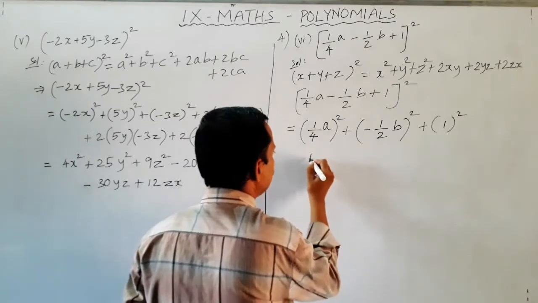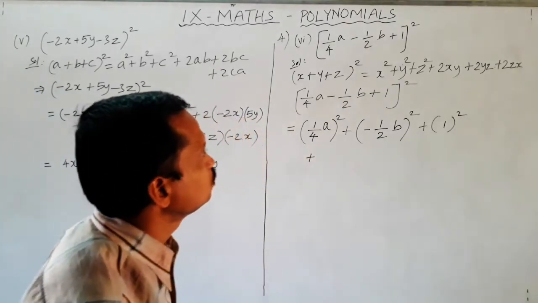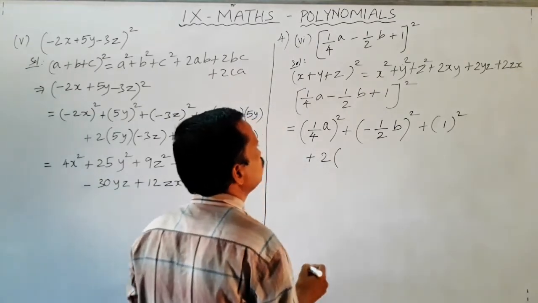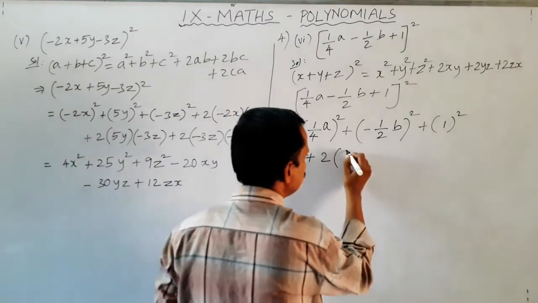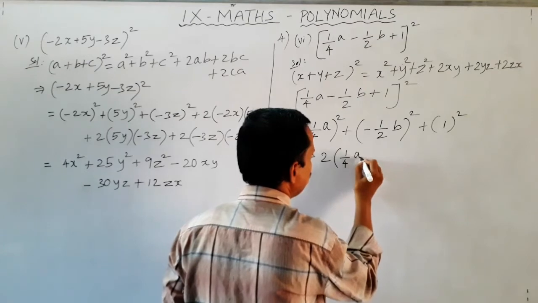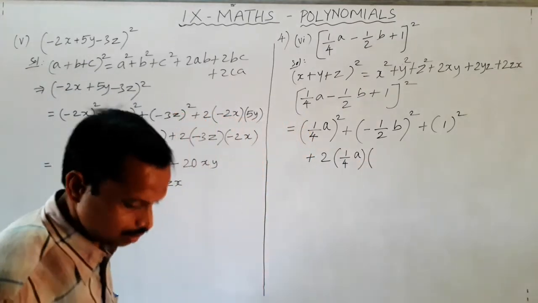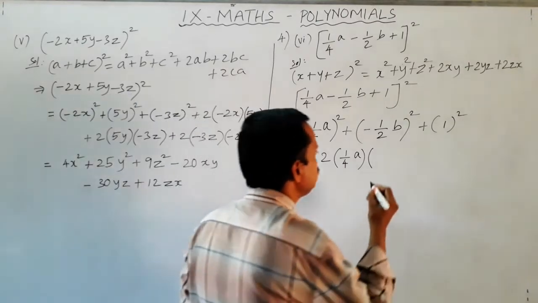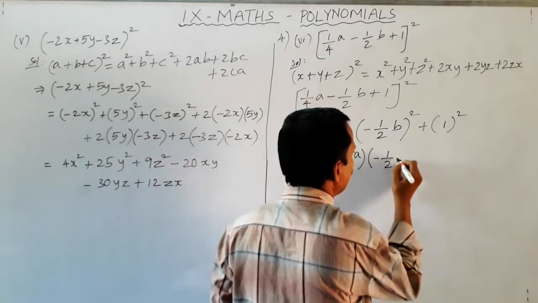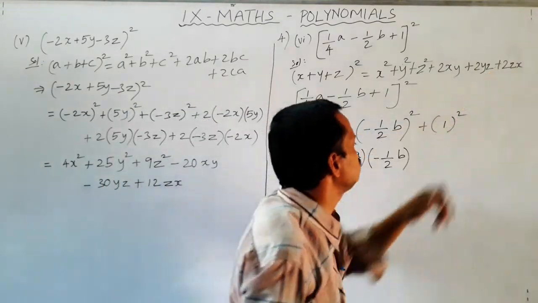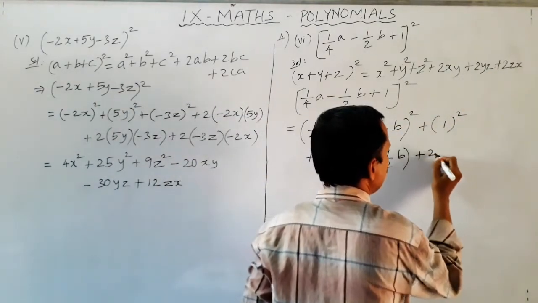And now plus 2xy. I am coming to the bottom line. So plus 2xy. 2 into what is x? That is 1 by 4a. So 1 by 4a. And what is y? Y is minus 1 by 2b. So minus 1 by 2b. So 2xy over. And coming to plus 2yz, plus 2y.